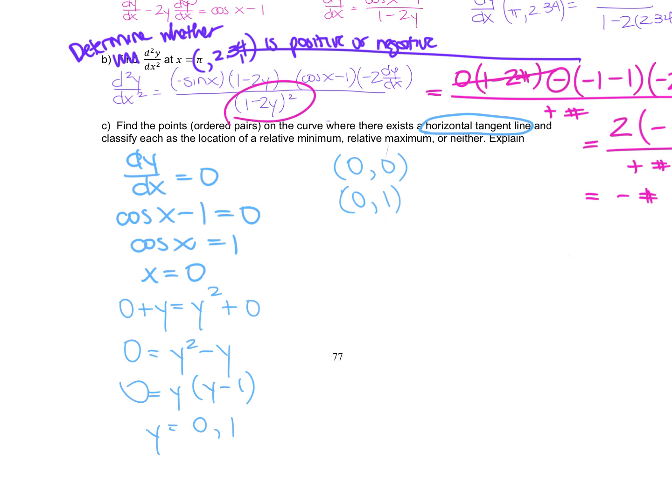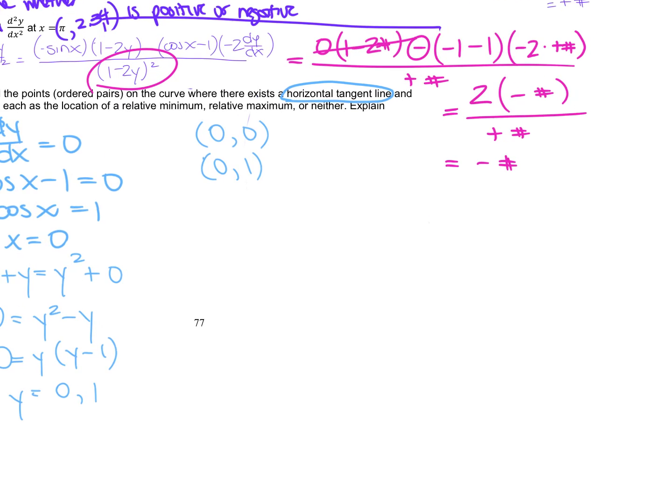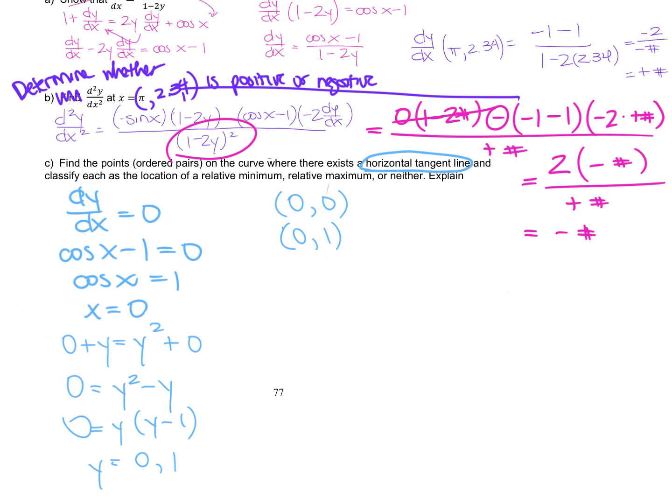So because of that, I need to plug both of those points into my second derivative. So I will do the second derivative at the point (0, 0). Well, we've already said sine at 0 is 0, so I don't even worry about that second parentheses there.